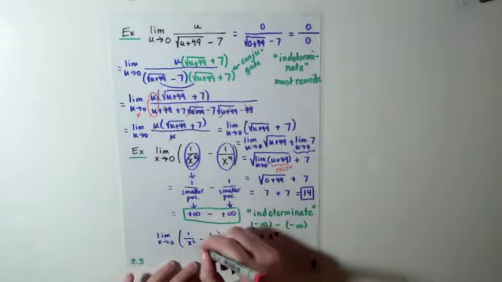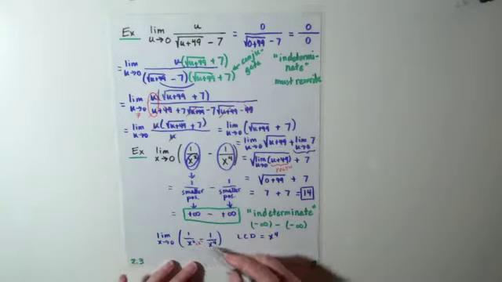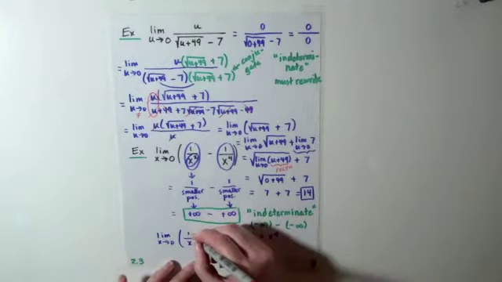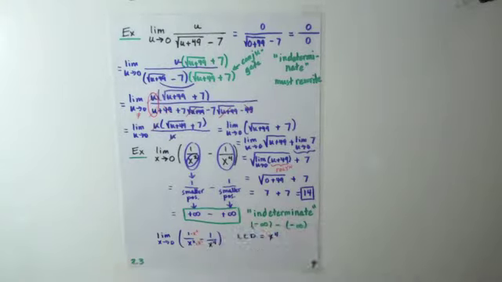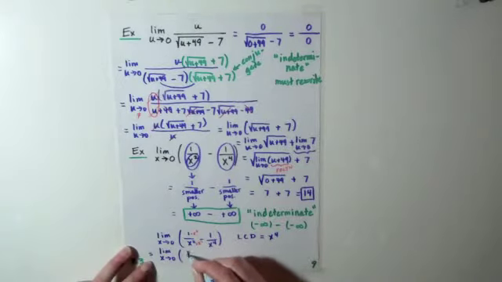This one is already over x to the 4th, so I'll just multiply this one by x squared to build that up to x to the 4th. But don't forget that I have to multiply the top by the same amount. And so this would be the same as the limit as x approaches 0 of x squared over x to the 4th minus 1 over x to the 4th.